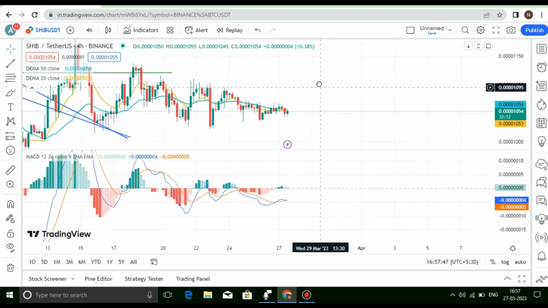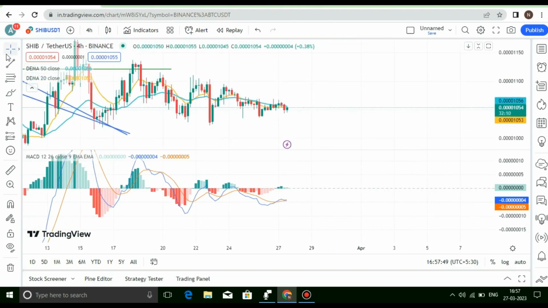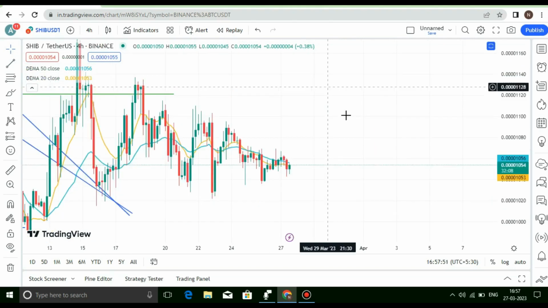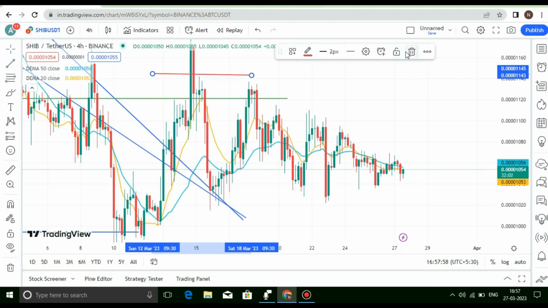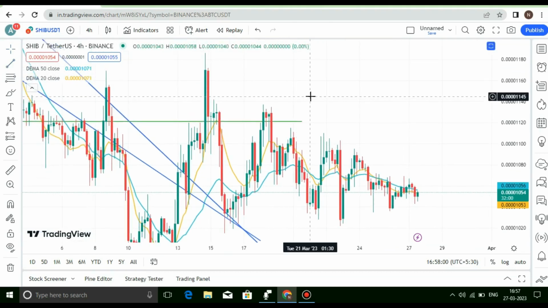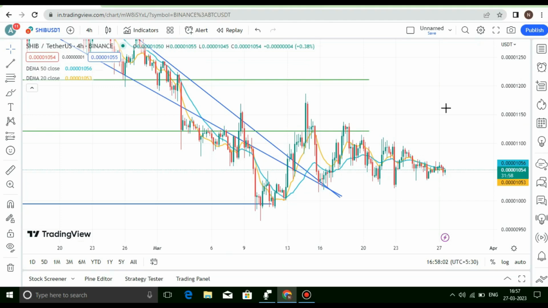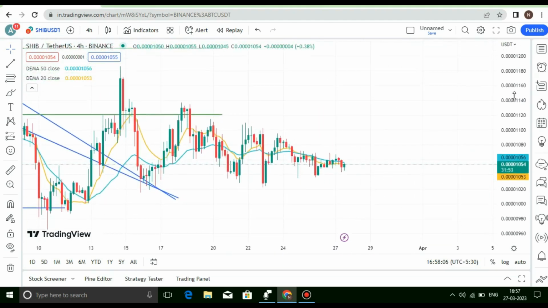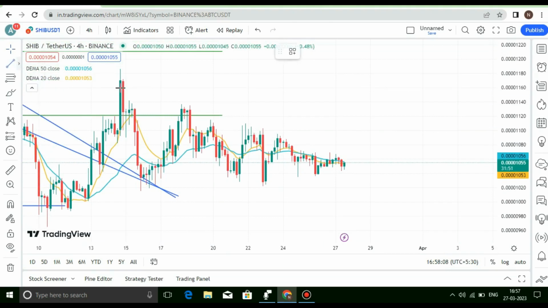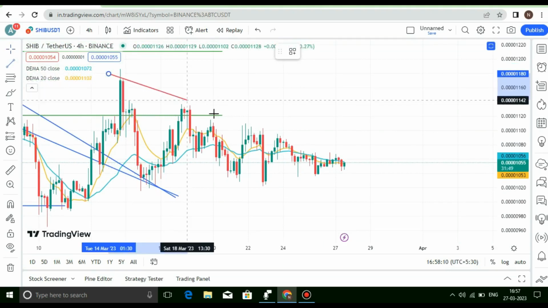And here I want to draw more levels in Shiba Inu. Like I select this one, sorry, not this one, like this. But first of all, let us adjust my graph, and here we have it. Let us select and move from here to here.